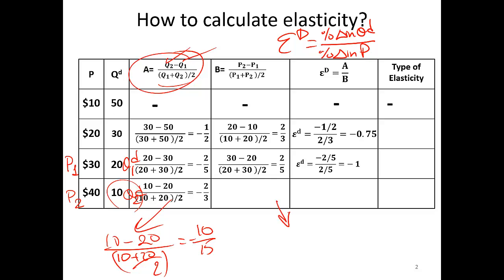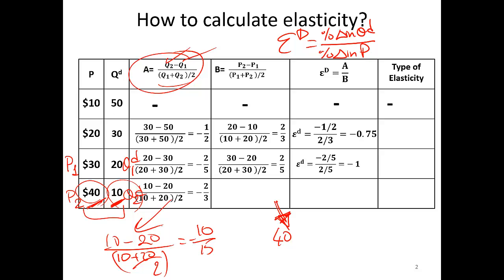Let's calculate percent change in price. Final price $40. Now you're charging $40 per haircut. You only have 10 people. Your total revenue has become $400.